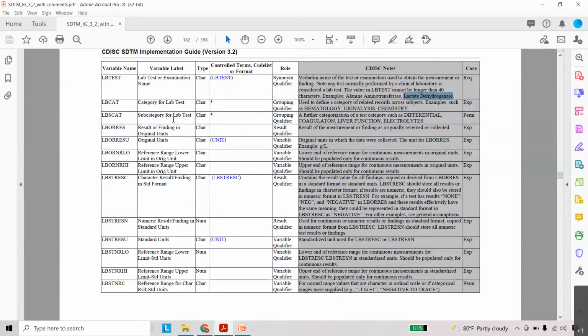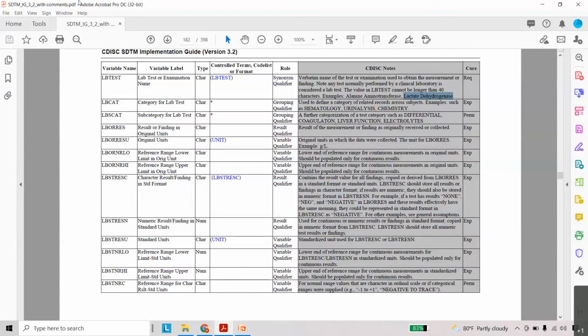Next one is subcategory, the subcategory of the lab test. How would we like to subcategorize the test? Usually we can see coagulation, liver function test, viral test, thyroid function test, or liver chemistry. Like that, we can see the laboratory subcategory values.